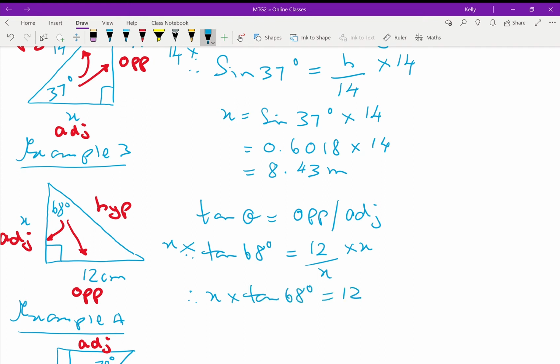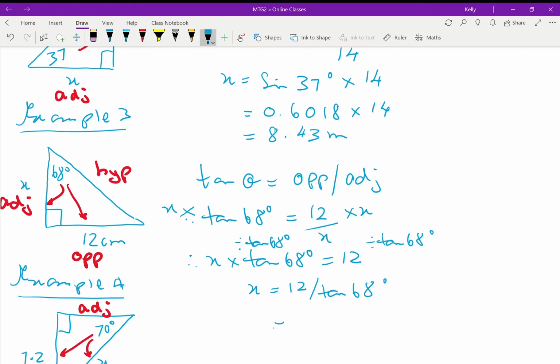Now to remove the tan 68 degrees, I divide both sides by tan 68 degrees, and I'm left with x is equal to 12, all divided by tan of 68 degrees.